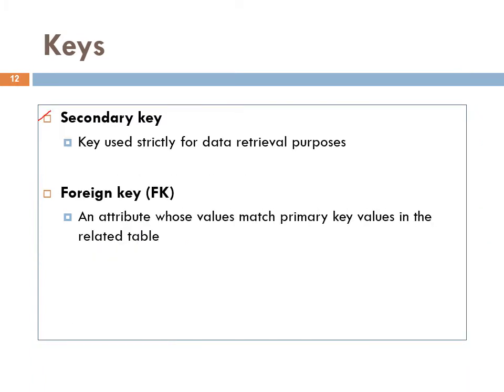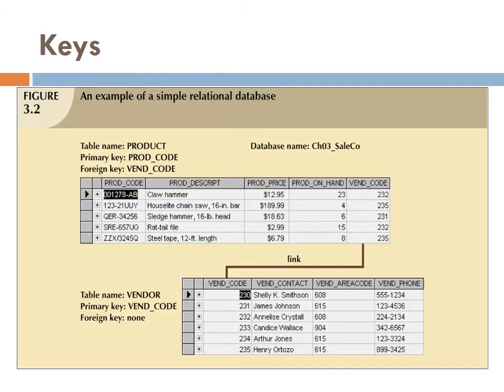A secondary key is basically used strictly for data retrieval purposes. And then a foreign key is an attribute whose values match primary key values in the related table. If you look at the example in the next slide, you might get a better understanding. Look at these two tables, product and vendor.